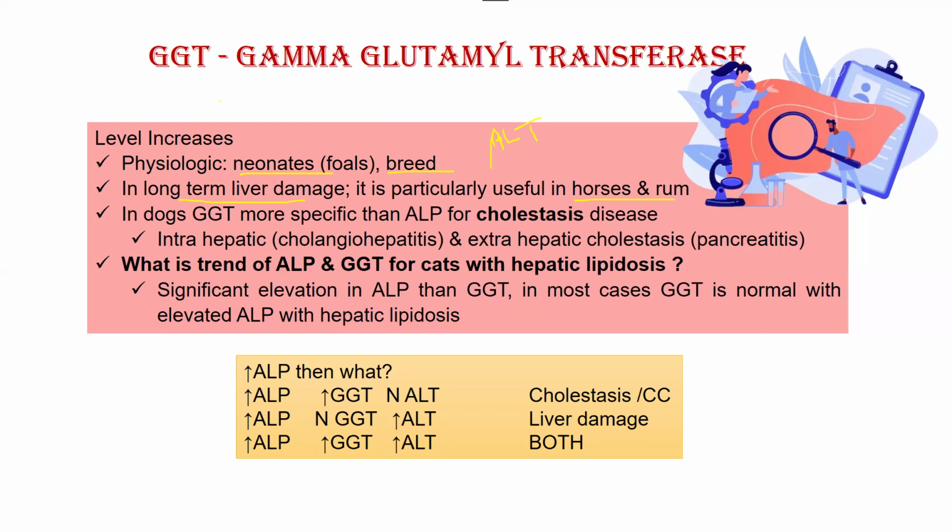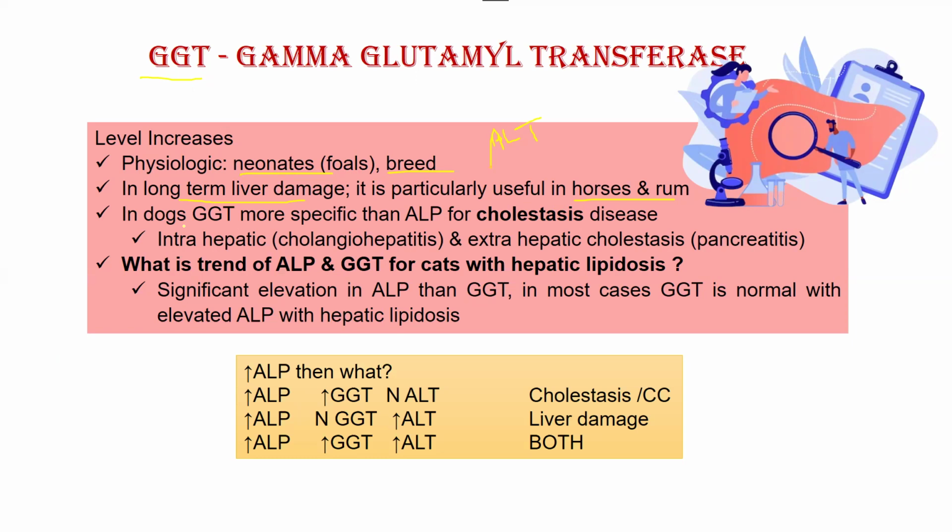Basically, there are three enzymes for that purpose: GGT, SDH, and GDH. But even among these three enzymes, the least important one is GGT. So that's why I'm not going to lay much stress here, but I will definitely talk about these three when I discuss SDH and GDH. But you should know that it's particularly useful in horses and ruminants.